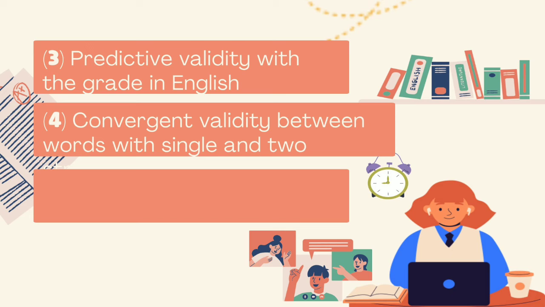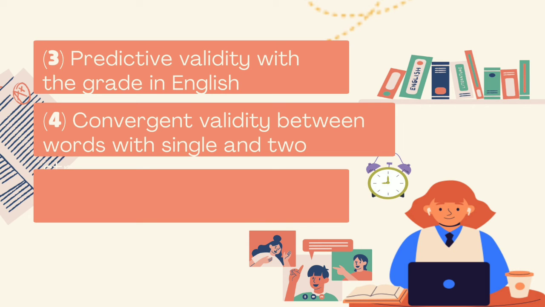a standardized English pronunciation test. Here, if the new test is measuring the same construct as a well-established pronunciation test, we would expect a positive correlation between the scores. The second example is a measure of phonological awareness.